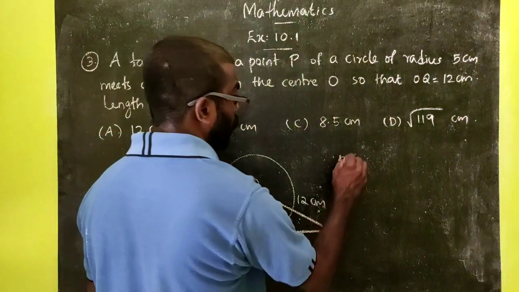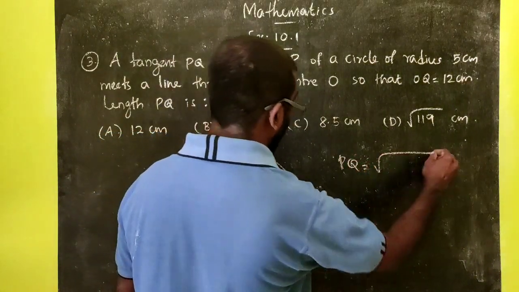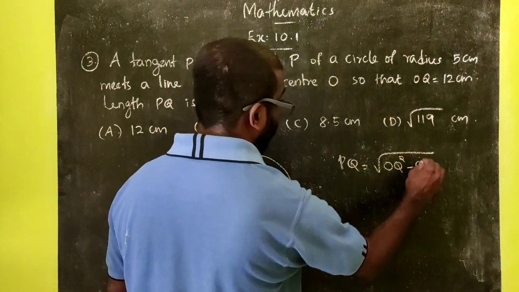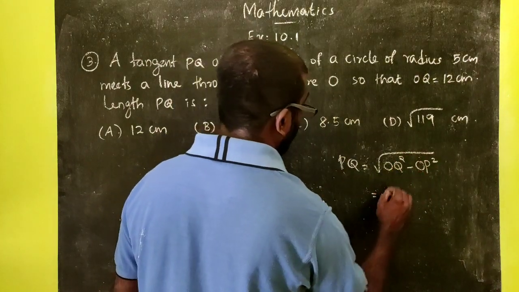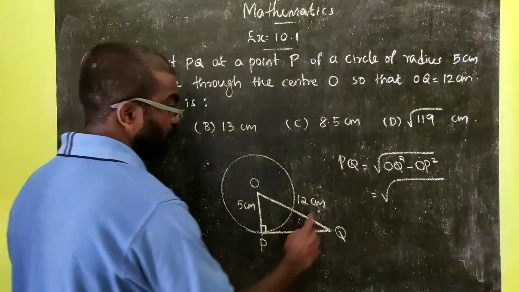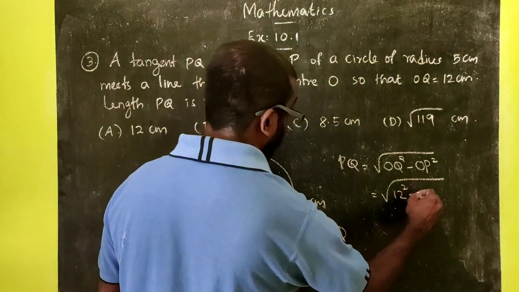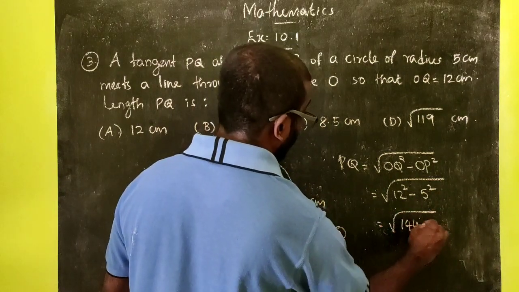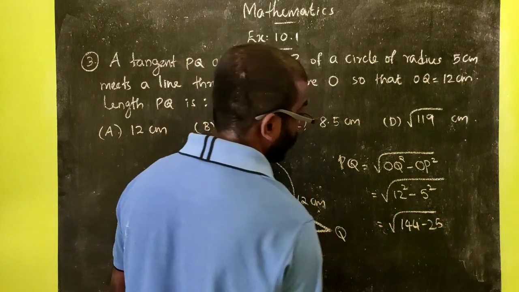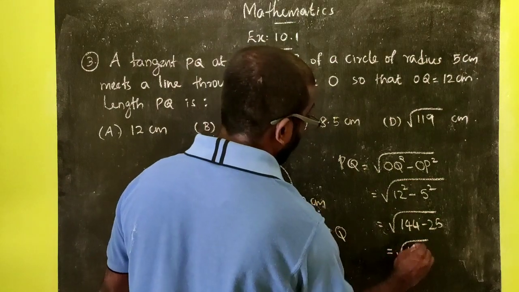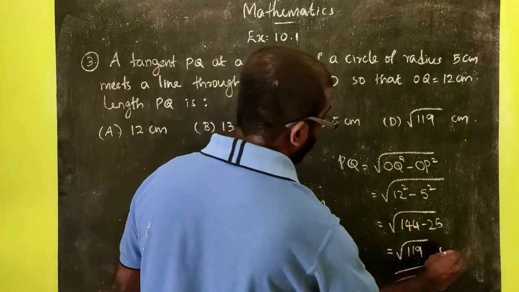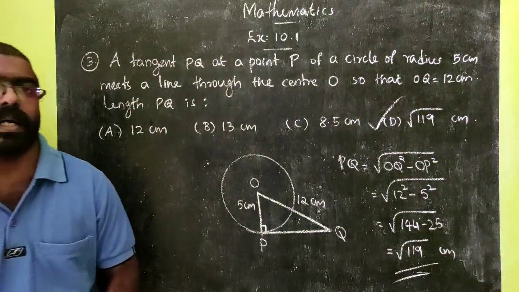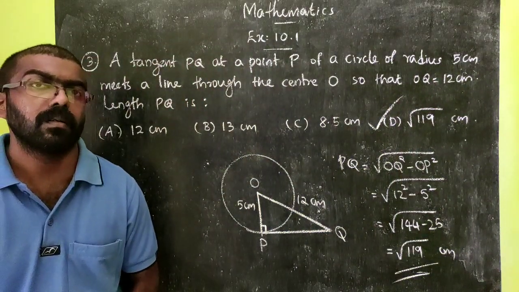PQ is equal to root of hypotenuse OQ square minus OP square, which is equal to root of 12 square minus 5 square. That is 144 minus 25, that is root of 119 centimeter. So option D is the right answer.